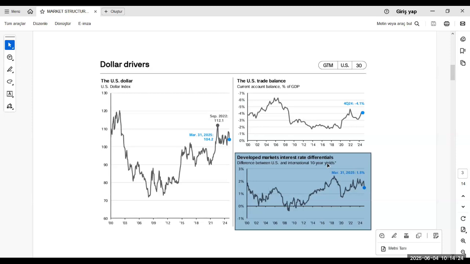If I increase my interest rate, the policy rate of the central bank, this means that my interest rate compared to the rest of the world is now higher. And money always likes the return.